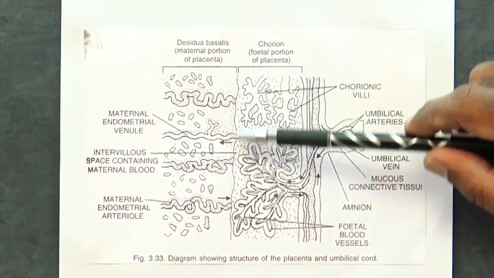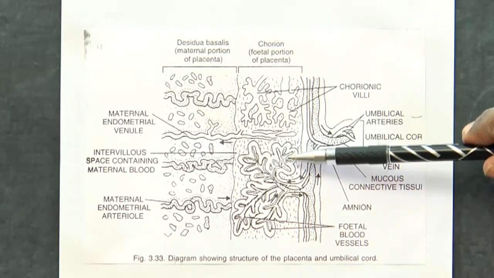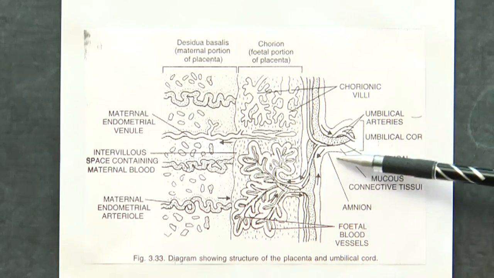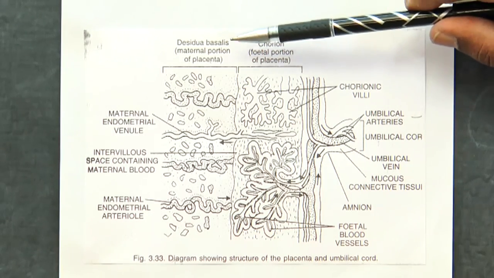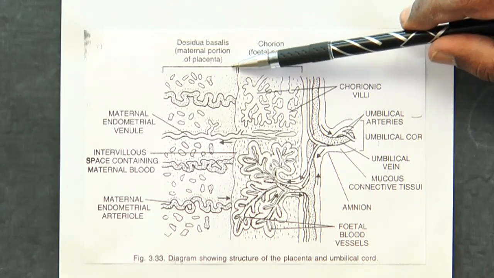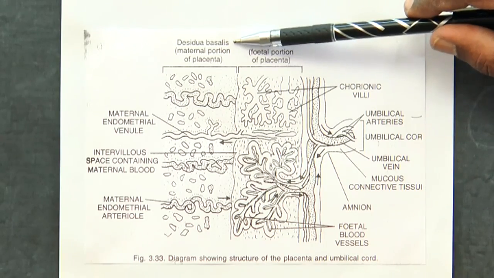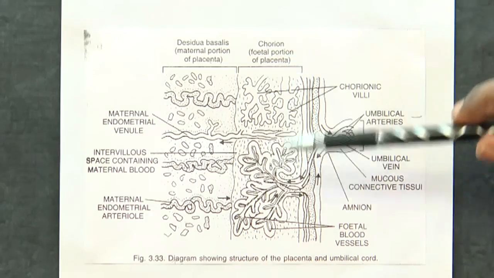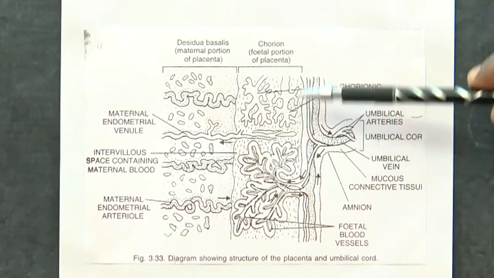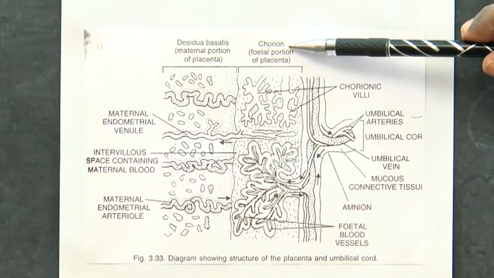This is the placenta, a disc-shaped structure, and from this arises the umbilical cord. The maternal portion of the placenta is the decidua basalis, and this is the fetal part, formed by the chorion.